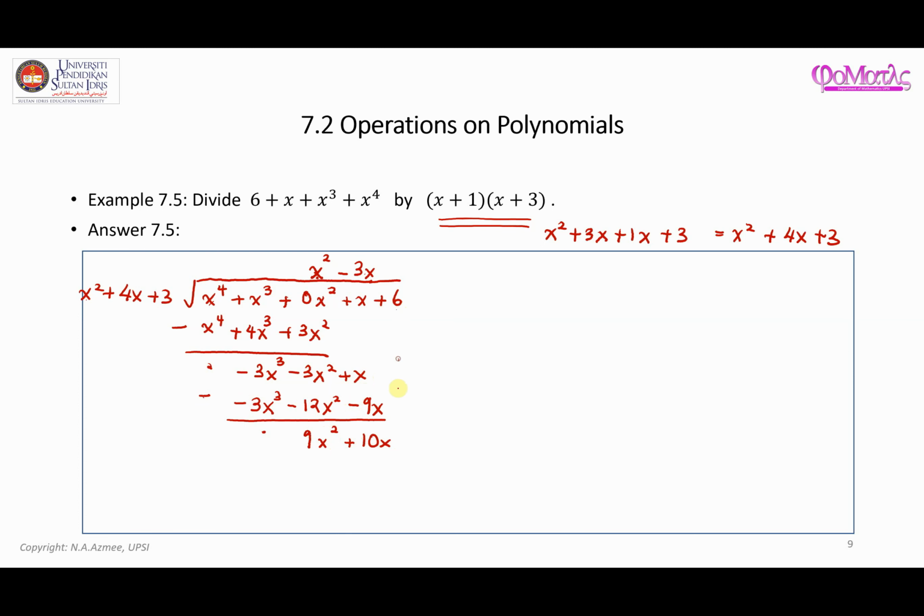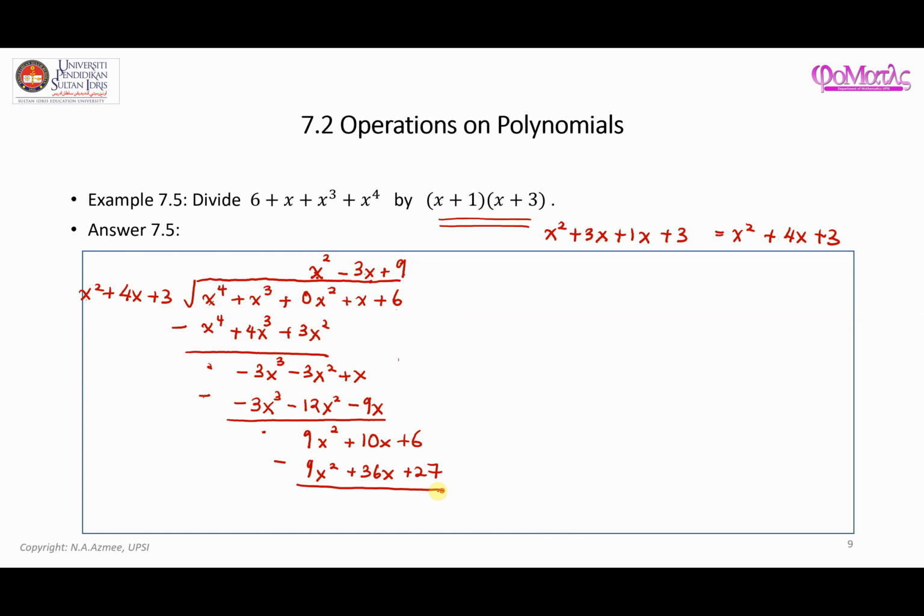Next, 6 is coming down, so plus 6. So I need to find a value here such that when I multiply with x squared, I will get 9x squared. Obviously the choice will be 9, so 9 times x squared, I will get 9x squared. 9 times 4x, I will get 36x. 9 times 3, I will get 27.